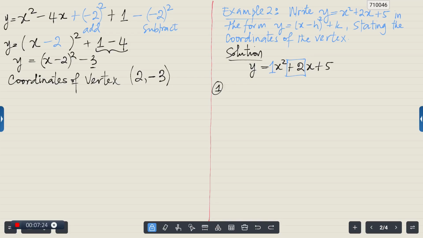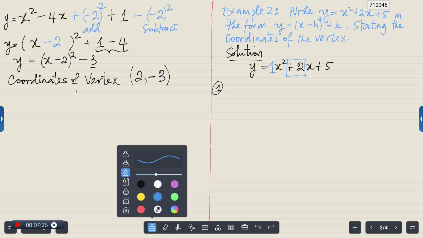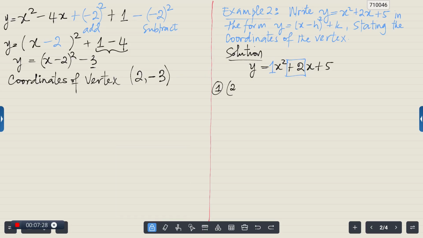All right. So step 2. We divide the coefficient by 2. This would give us 1. Step 3. We square the result.